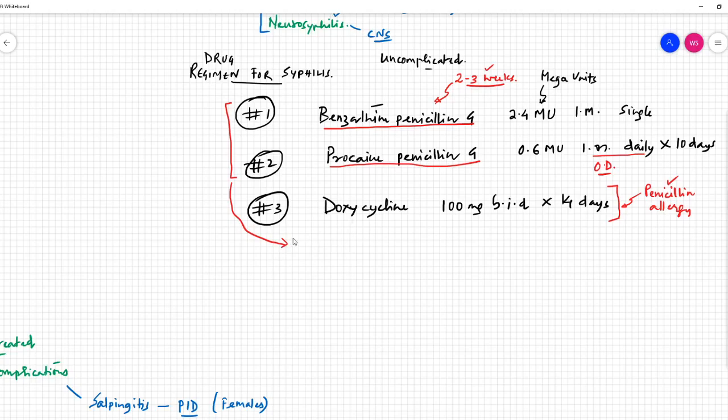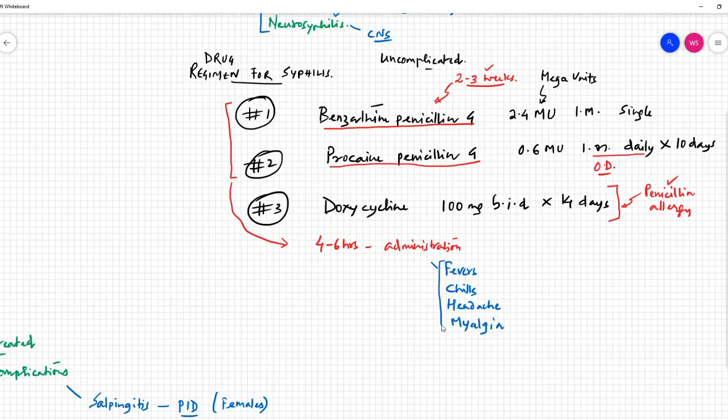Now, penicillins, 4 to 6 hours after administration, it causes fevers, chills, headache, and myalgia.